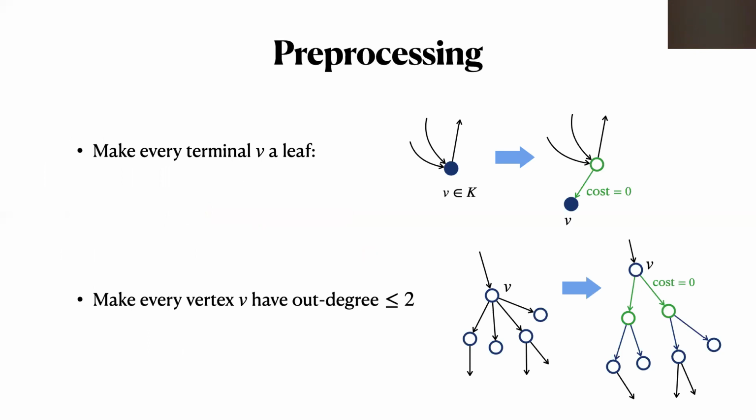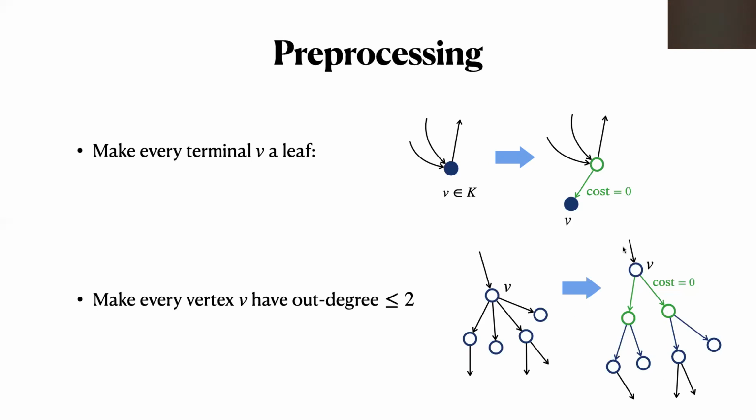First, let's do some pre-processing. We can assume that every terminal of the input graph is a leaf. Otherwise, we can add a vertex to make the terminal a leaf. Also, we can assume every vertex has out-degree at most 2. If not, we can replace it with a gadget, and this gadget is just a binary tree.